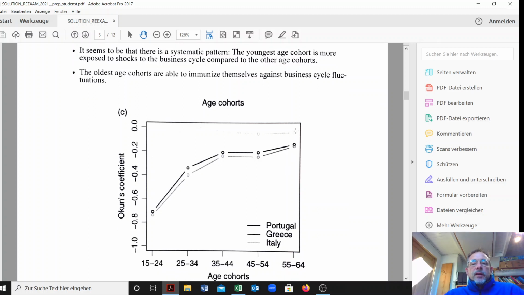When you look at this graph, you hardly can see the Italy line. So more or less, you can expect a slope of minus 0.1, something like that. So this will be the slope for Italy.